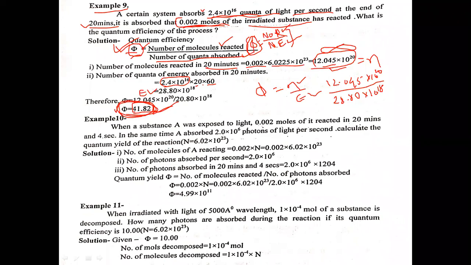सेम इक्वेशन, phi is equal to number of molecule reacted upon number of quanta absorbed. When substance A was exposed to light, म्हणजे लाईट सोबत इंटरॅक्शन झालं, and 0.002 mole of it reacted in 20 minutes and 4 seconds. म्हणजे पहा 20 मिनिट 4 सेकंद म्हणजे 1204 सरळ सरळ. 20 into 60 म्हणजे झाले सेकंद आणि हा 4 सेकंद म्हणजे 1204 सेकंद.